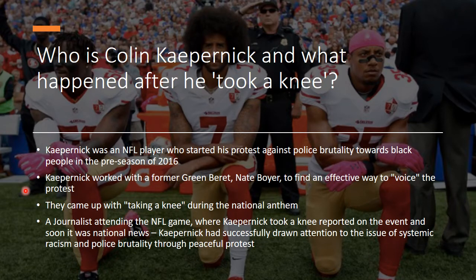This wasn't just a flippant decision that he made on a whim. This was something that he had planned to protest against police brutality towards black people, that had been happening in the year before. It was widely reported because journalists were at the game, and as a result, it successfully drew attention to this issue.